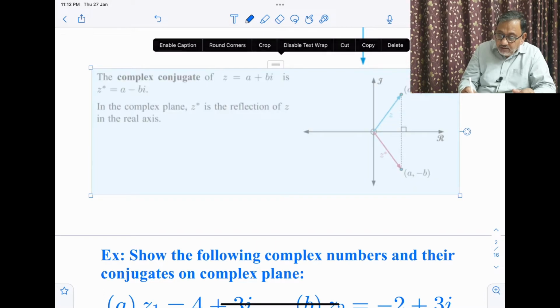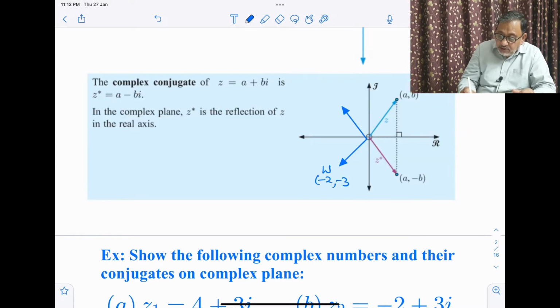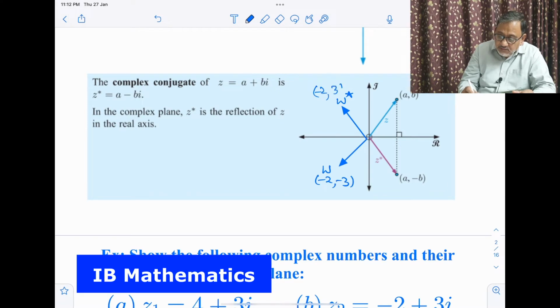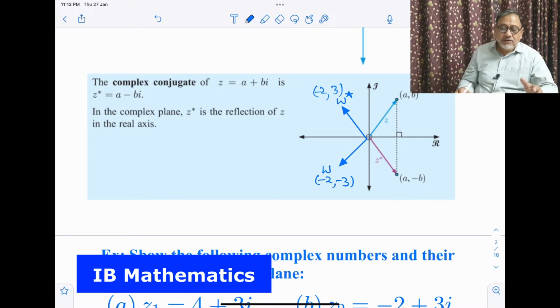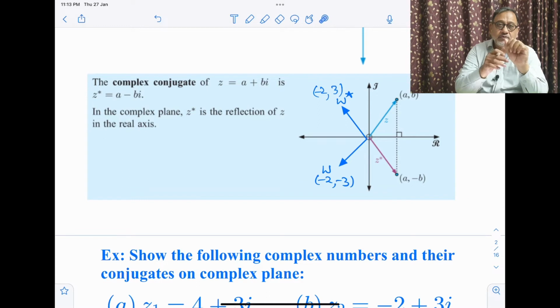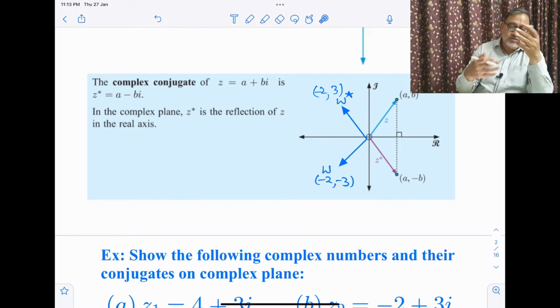And here up you are going to have w conjugate, given by (-2, 3), because we changed the sign of the imaginary part to write a complex conjugate. So I hope you understood how to represent the conjugate of a complex number. So please remember the thumb rule: for any complex number on the complex plane, if you want to represent its conjugate, take its reflection in the real axis, and that will represent its conjugate.